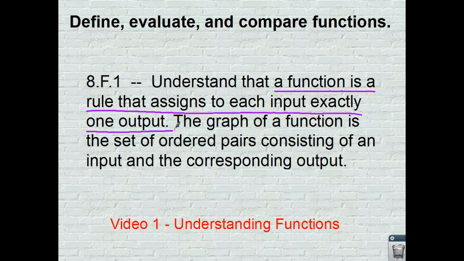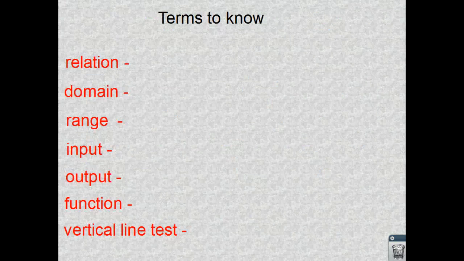So the important part of this rule today is right in that underlined sentence. For every x that you have put in, that x is only allowed to have one output. It is not allowed to have two different outputs. And you're going to see that in the slides to come here.